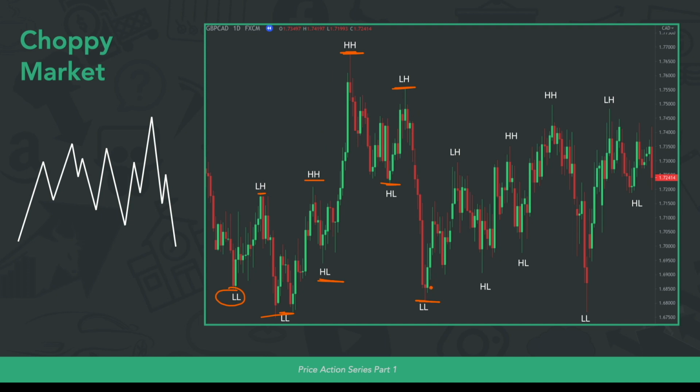And then we're in a downtrend. So, what the market did was create a lower high, and then a higher low. Right? Higher low, higher high, and then a lower low again. And then lower high, and then higher low. So, it's very hard to find a trade in this kind of market condition.